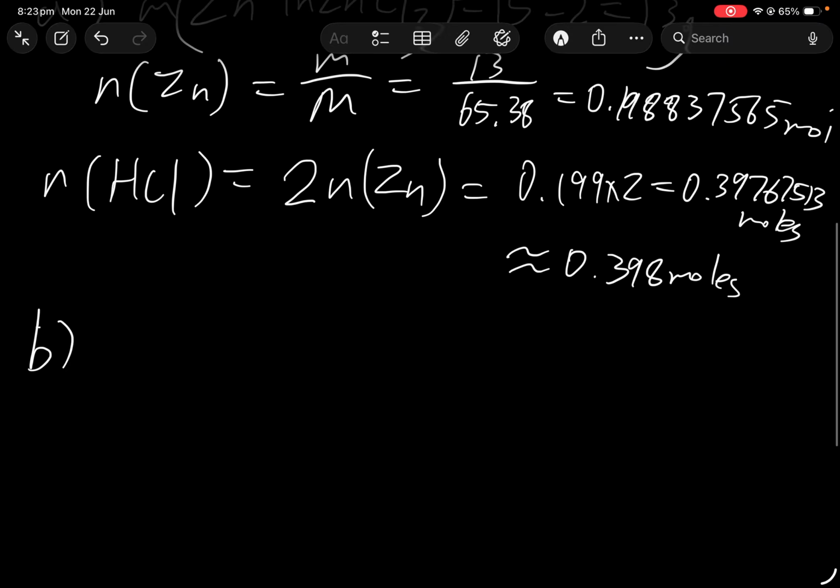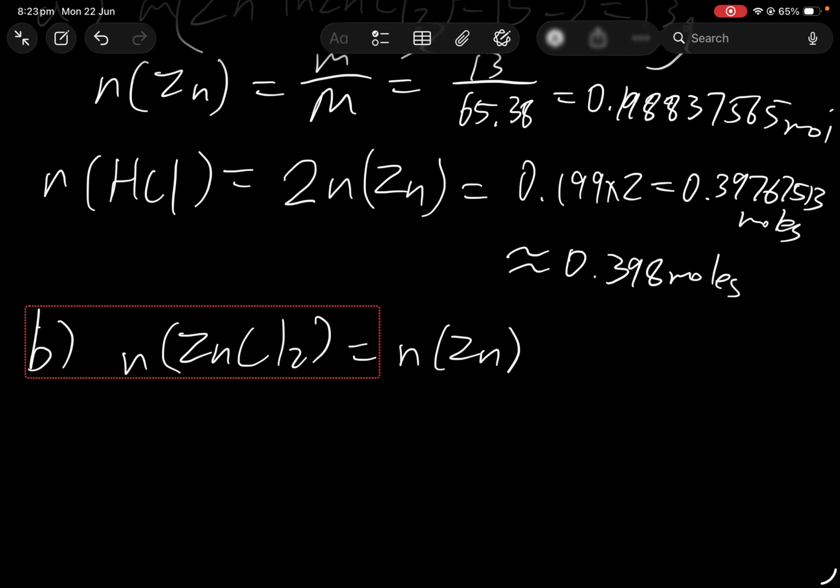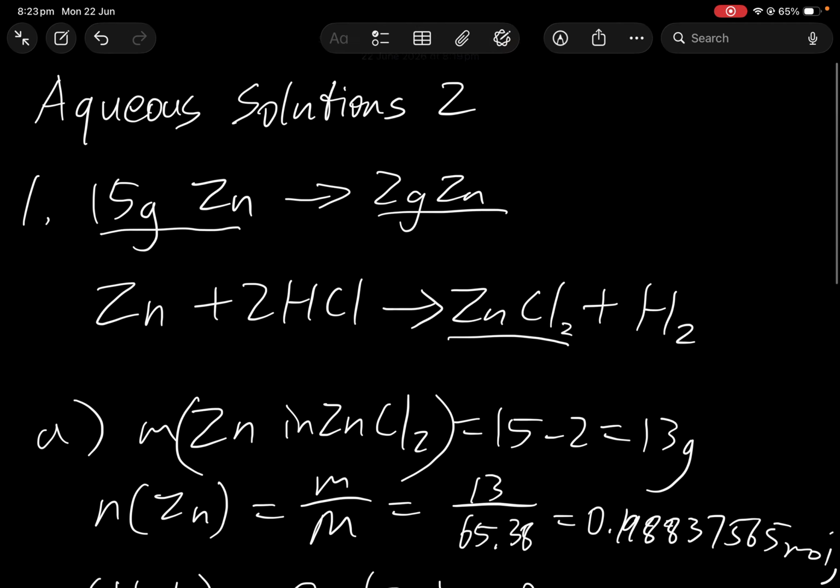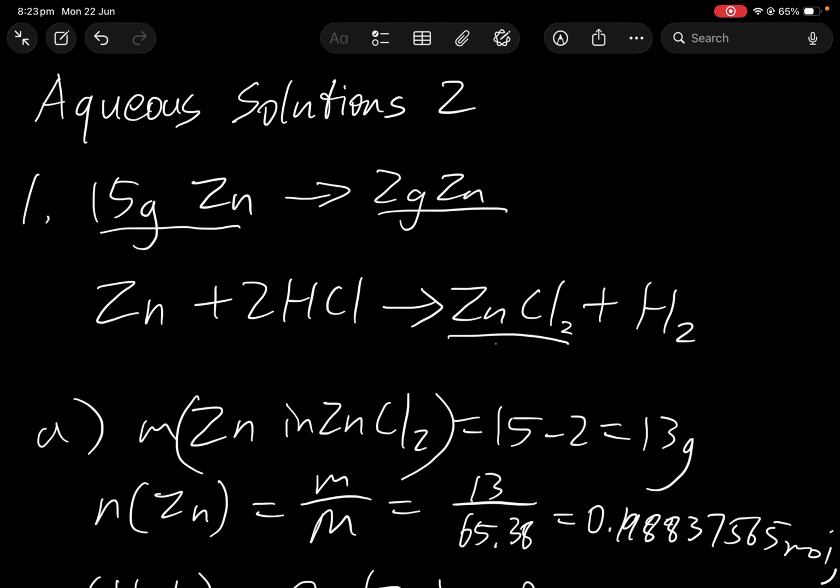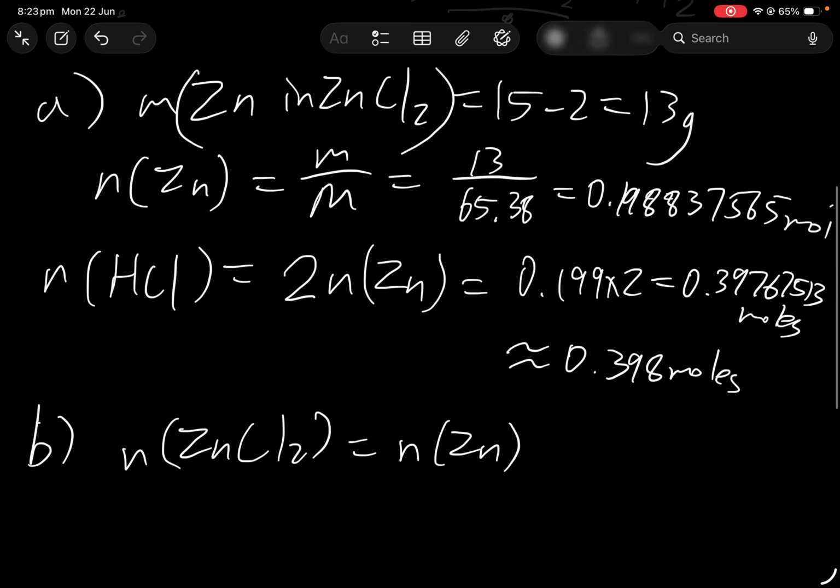Part B asks the mass of zinc chloride which can be removed from the solution in the beaker. So first we know the moles of zinc chloride is the moles of zinc, as the ratio in the equation is 1 to 1.